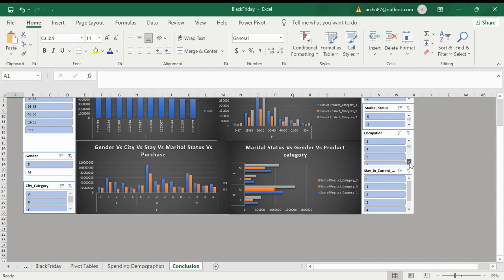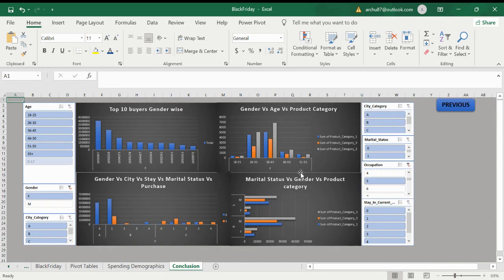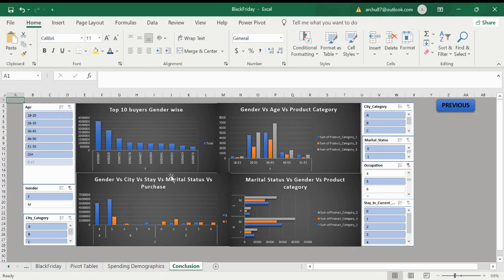If I have to select five, this is how it comes all over. There are fewer females in occupation five, but for 1 year they are there in city B. Again, city B rules with more purchases over there for those staying for 1 year.